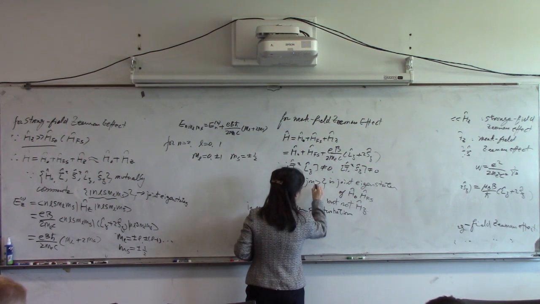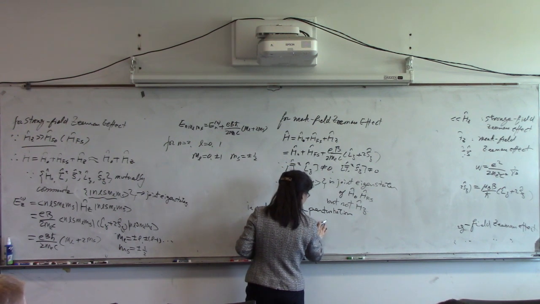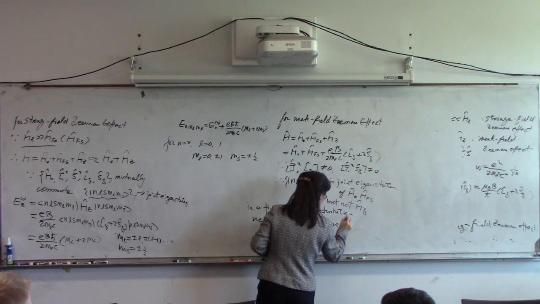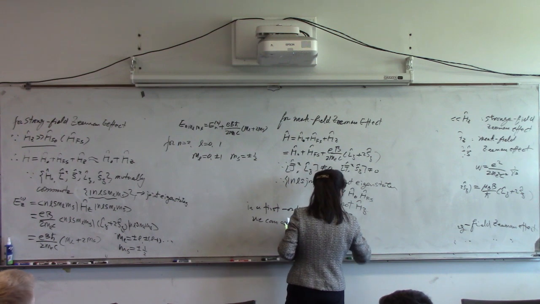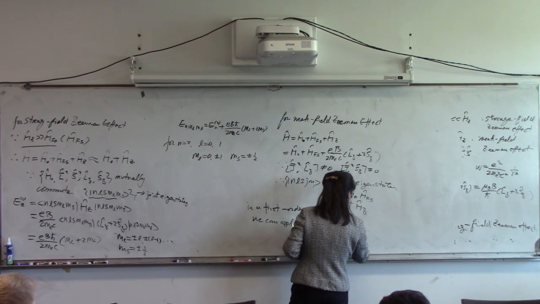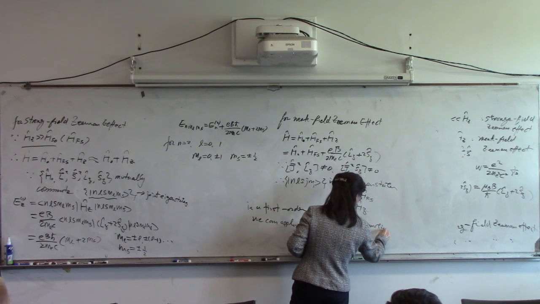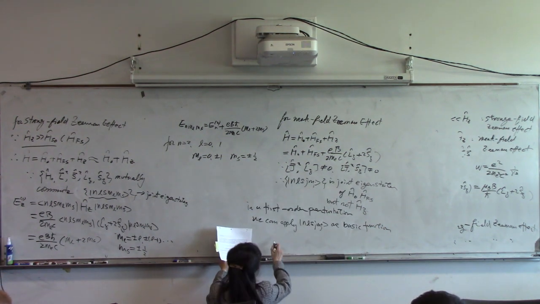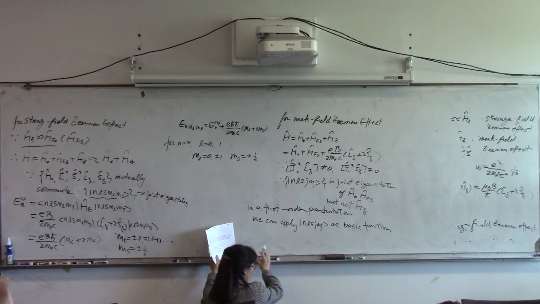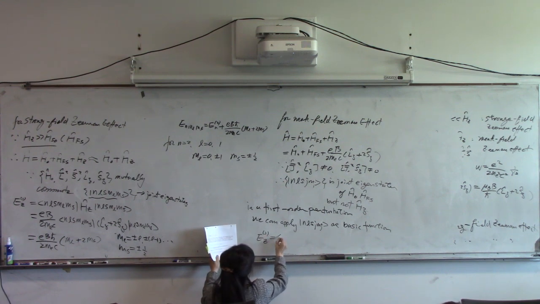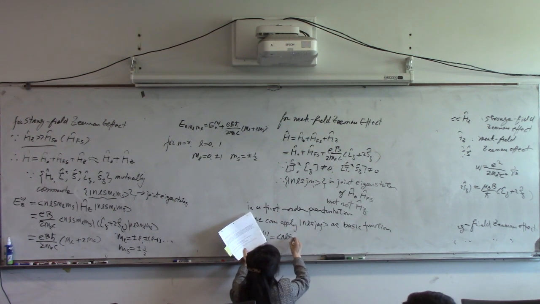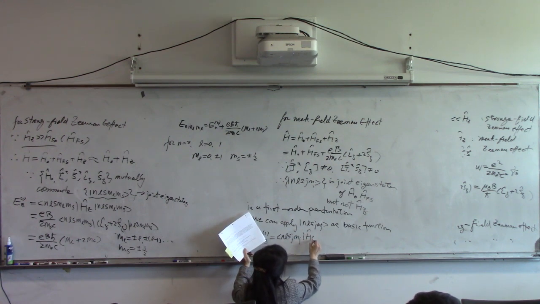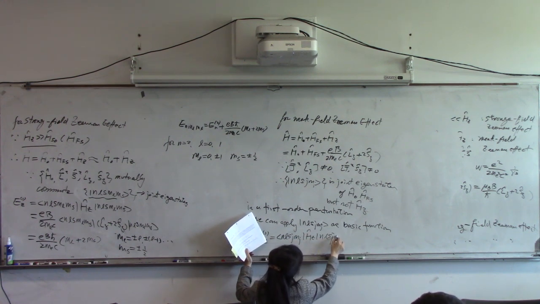Sorry, this is J. Now to first order, remember the first order perturbation, the contribution from Zeeman is just the sandwich between the states, that is the bra n, L, S, J, M_J, H_Z, and the ket n, L, S, J, M_J.